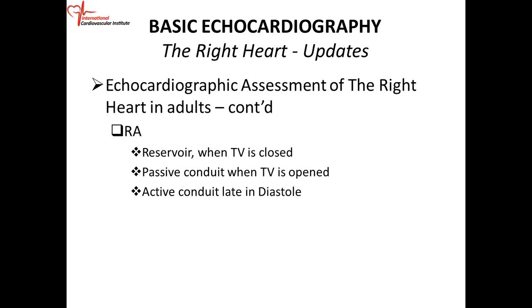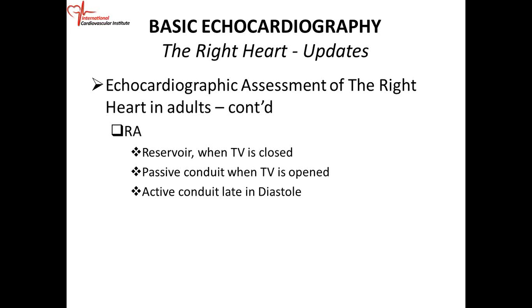So the right atrium has a reservoir function, storing blood, and then it has a passive conduit function, allowing blood to flow from the IVC and the SVC, the inferior vena cava and the superior vena cava, across the tricuspid valve into the right ventricle.